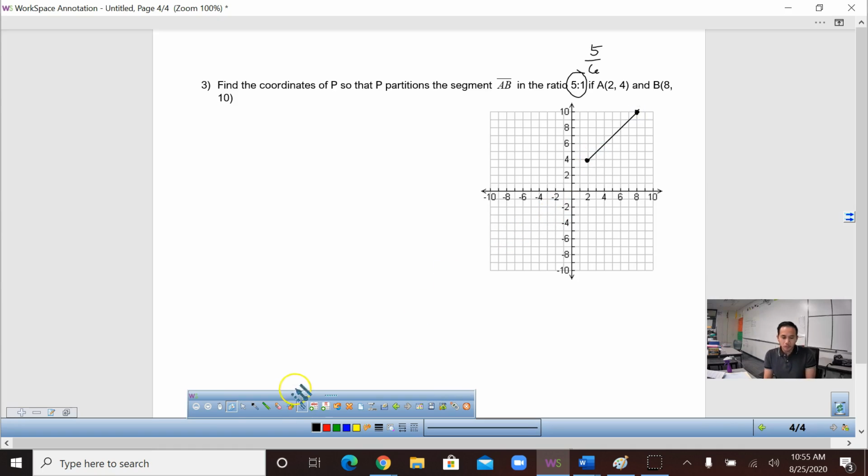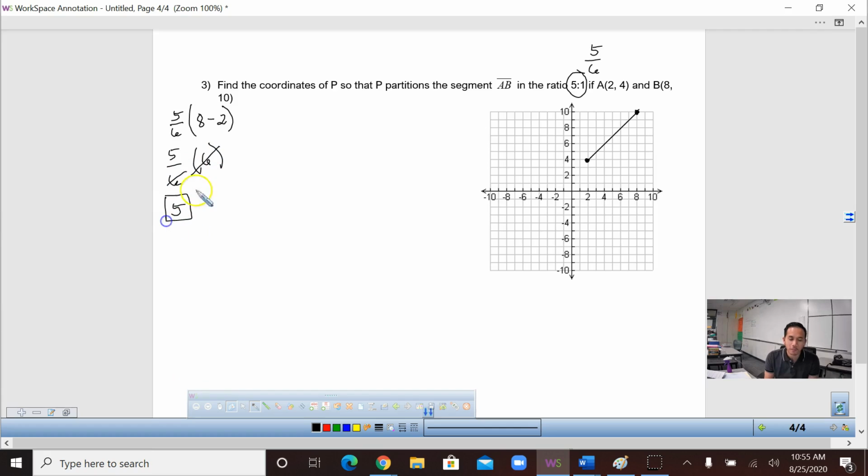Next, we get the horizontal change. Your horizontal change would be 5 over 6 multiplied by 8 minus 2. So 5 over 6 times 6, the 6s will cancel. Therefore, the horizontal change will be 5.